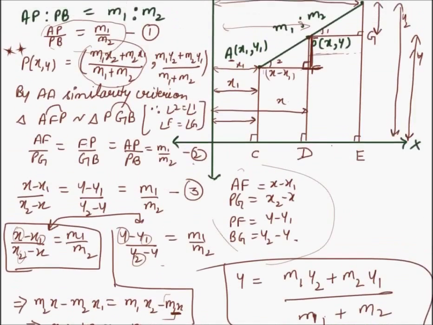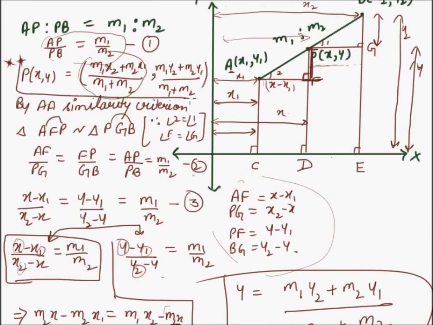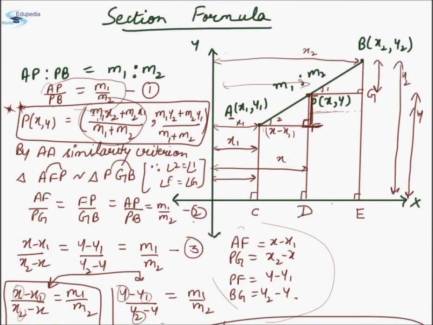And hence this equation. Thus by section formula we can find the coordinates of a point which divides a line segment in a specific ratio. We can also find this ratio if we are given the coordinates of the point P.